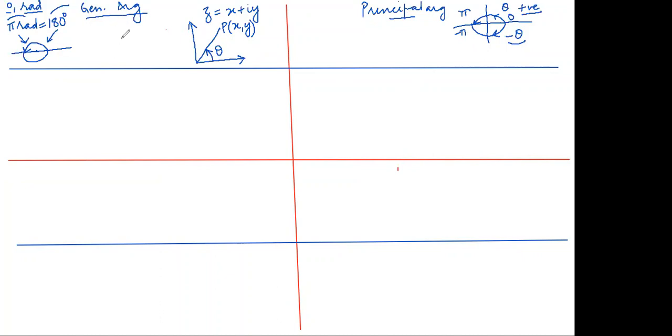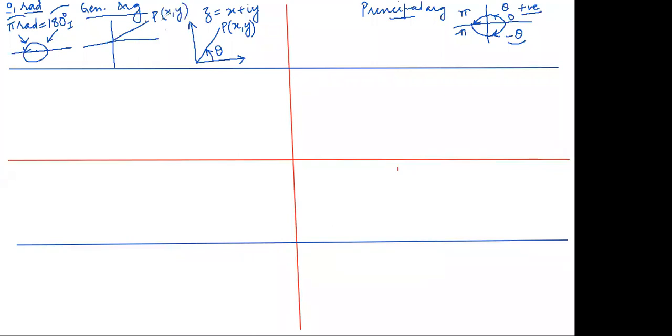We're going to do this very fast. Now, let's say I talk about the first quadrant. In the first quadrant, x and y both are positive. Let's say my point is here, my point is P(x, y).